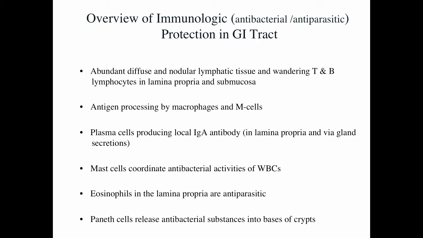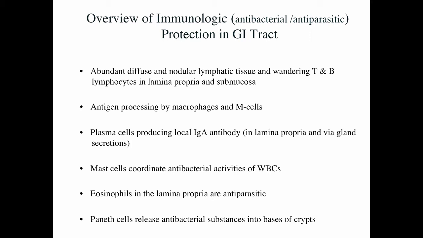There's abundant diffuse and nodular lymphatic tissue and many wandering T and B lymphocytes in the lamina propria and submucosa in the GI tract. Antigens are processed by macrophages and M cells. Plasma cells produce local IgA in the lamina propria and by various glandular secretions.